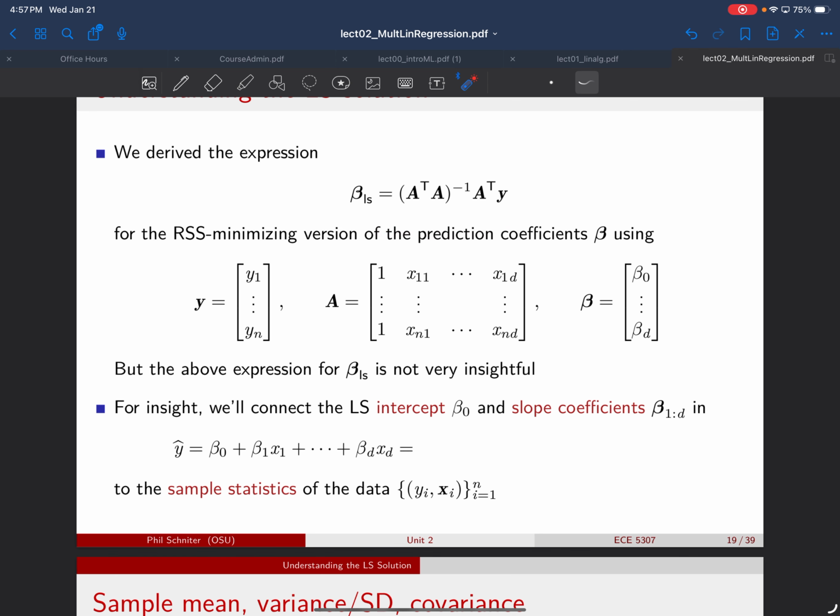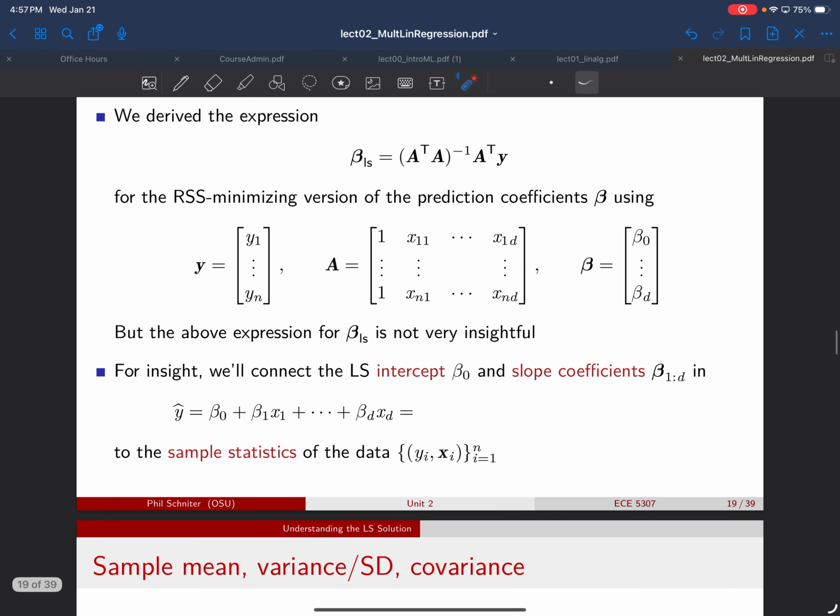So we're going to back up, and we're going to do a slightly different derivation that's going to give us more insight and more connection with statistics. In particular, we're going to separate the roles of the intercept coefficient beta 0 and the slope coefficients. Let me show you what we're going to do.